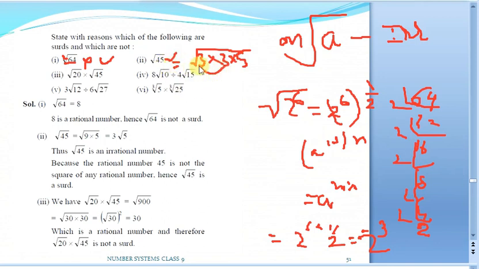If it is a cube root, for every 3 factors you take 1 out. If it is a fourth root, for every 4 factors you take 1 out. So here I can write 3 root 5. We have already seen root 5 as an irrational number, so 3 into root 5 will again be irrational.